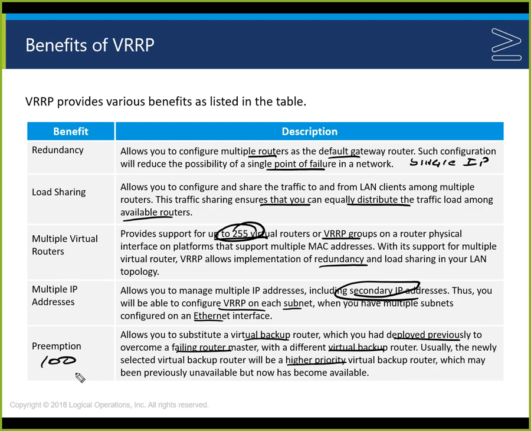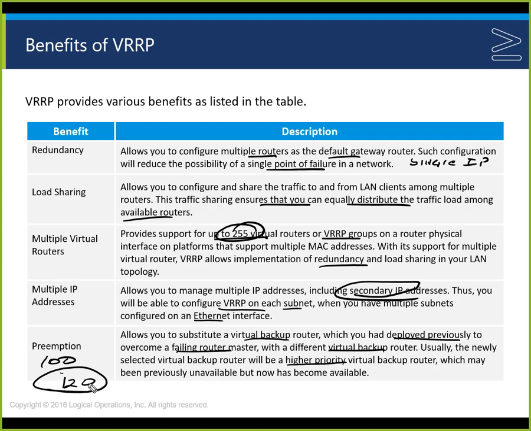100 is the default. If we assign a priority of 120, it's going to become the active or the master router. If it goes down, the next highest priority device will assume the duties.